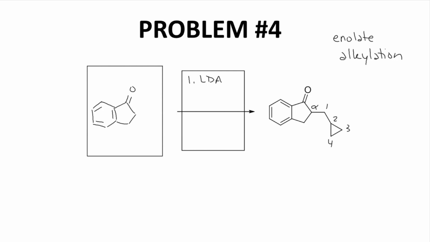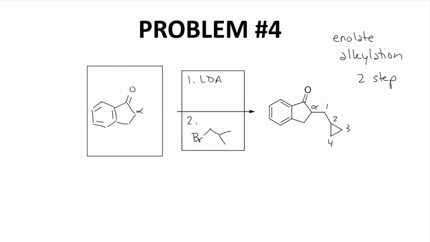So for an enolate alkylation, we kind of expect to see 2 steps. We need a base and then some kind of alkyl halide. So step 1, LDA, that's our base. That forms the enolate at the alpha carbon. And then step 2 is going to be addition of our alkyl halide. And I always like bromine, but you could put chlorine or iodine. That'd be fine. And this is going to be attached to carbon 1.